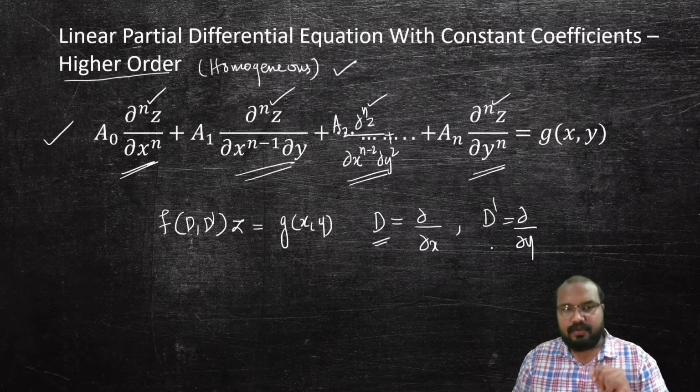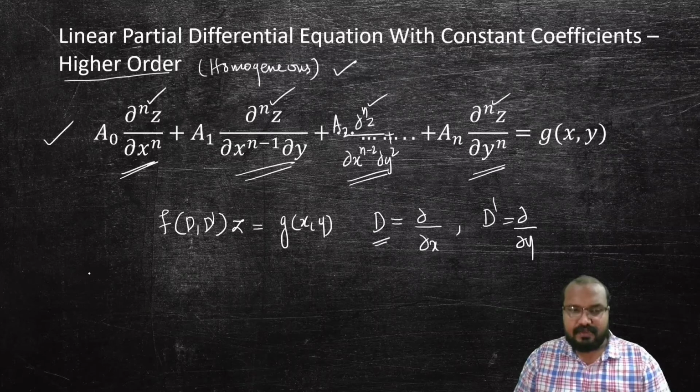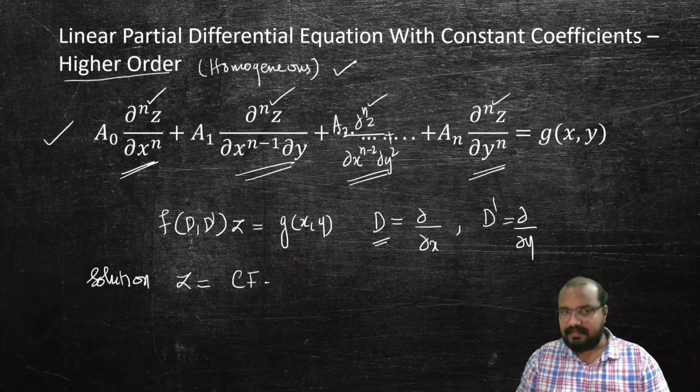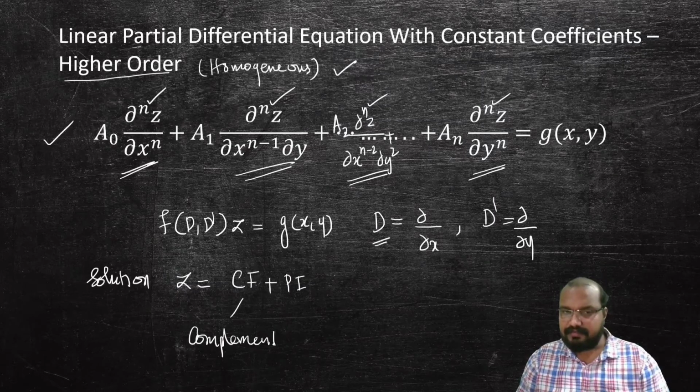Okay, now to solve this, its solution will be z is equal to CF plus PI. CF means complementary function, and PI is particular integral.